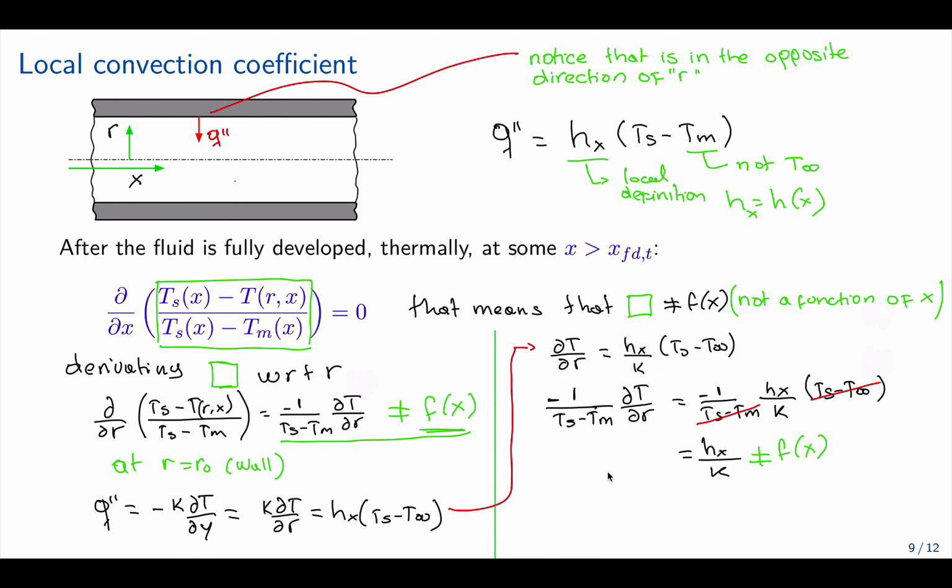That means that h of x is equal to a constant if x is bigger than the distance to get thermally fully developed flow.